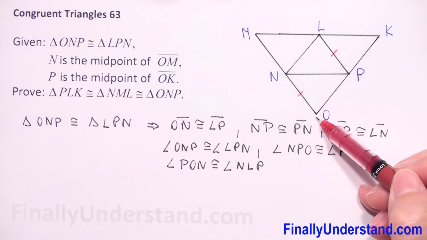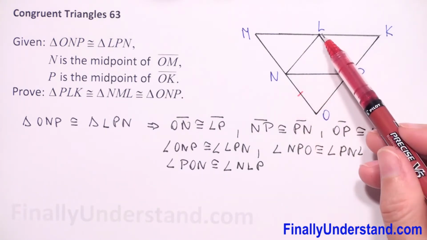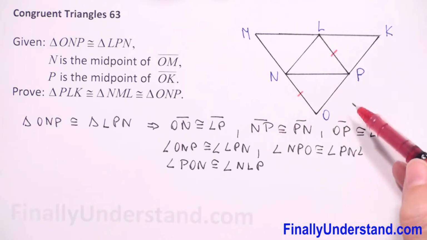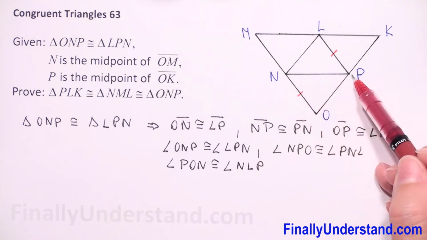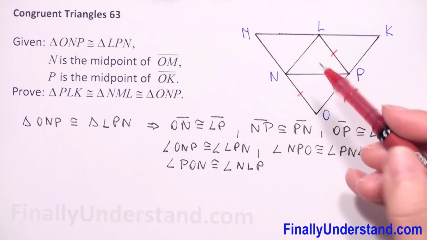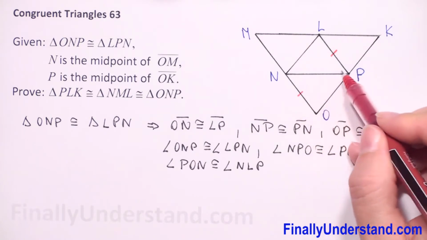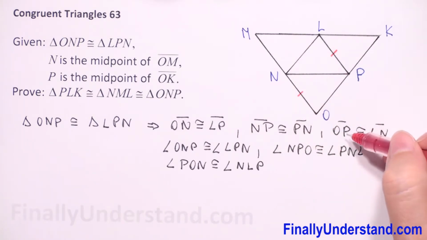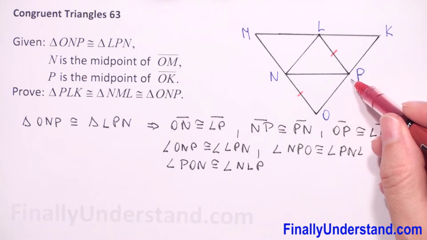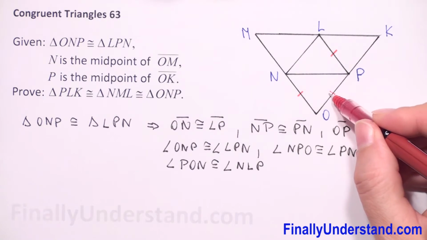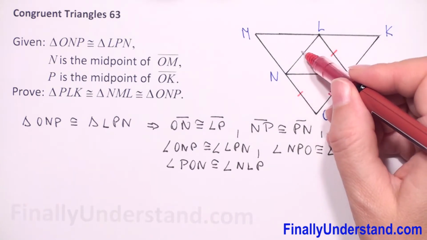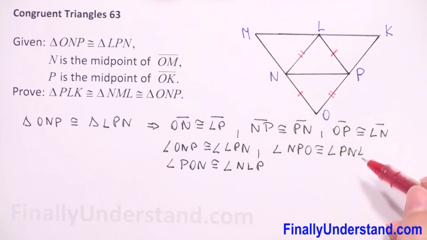I just put that ON is congruent to LP. What else? NP is congruent to PN, so the same side, and OP is congruent to LN, so this side is congruent to that.